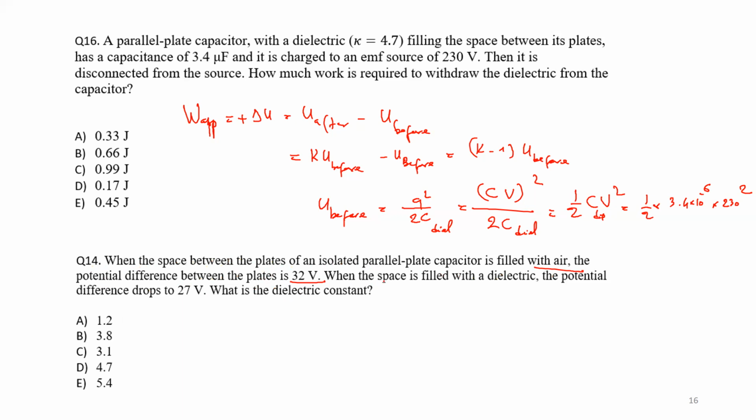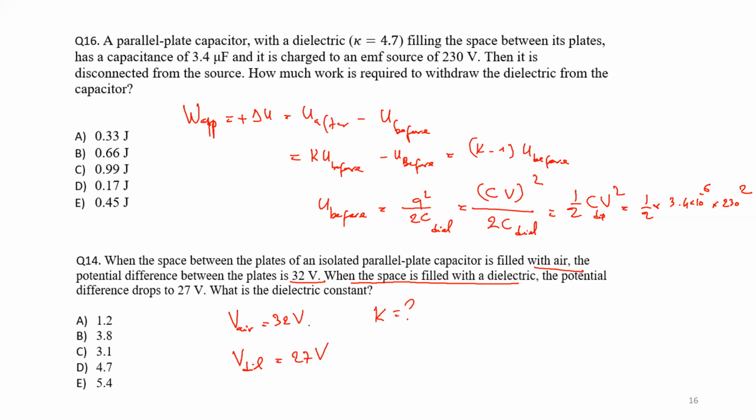Now, that means that VA is 32 volts. Now, when the space is filled with a dielectric, V dielectric is 27 volts. What is kappa?